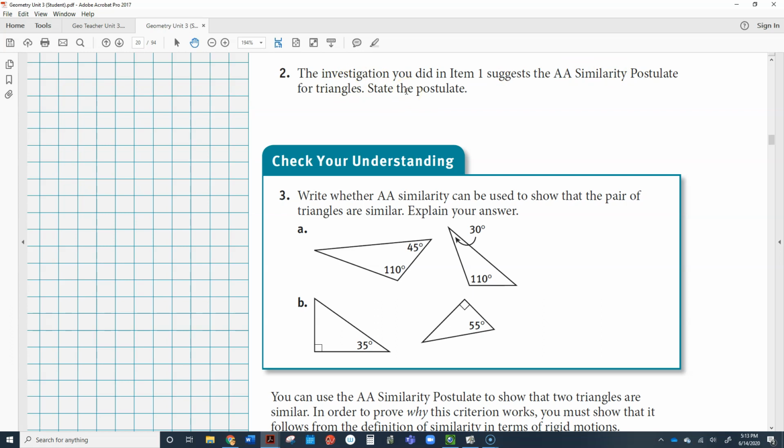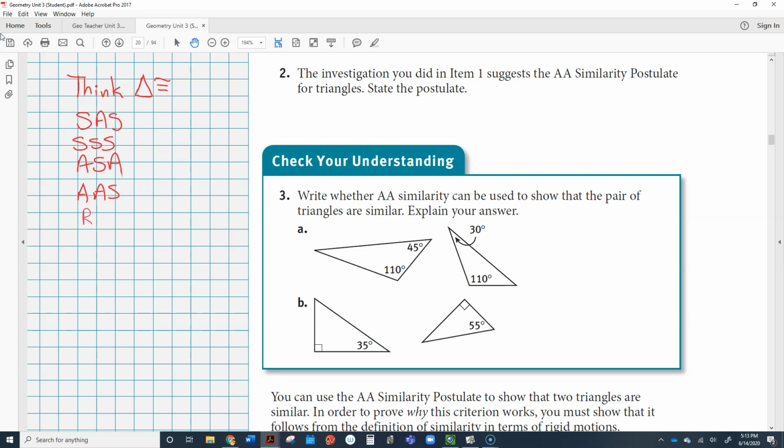So very much like, okay, I want you to think for just a second about triangle congruency. We did side angle side, side side side, angle side angle, and angle angle side.